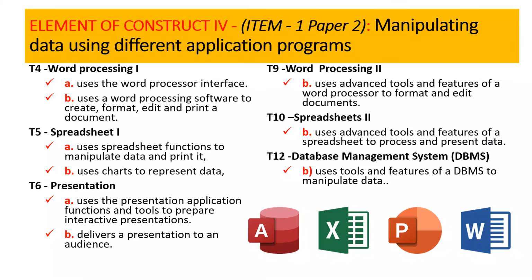So we don't expect a learner to use Publisher on item 1. There are basically 4 applications: Word, Excel, PowerPoint, and database. A learner is using both basic skills and advanced skills to manipulate data using these 4 applications.